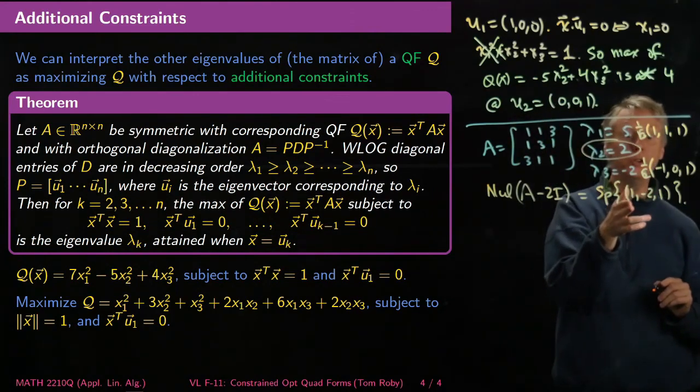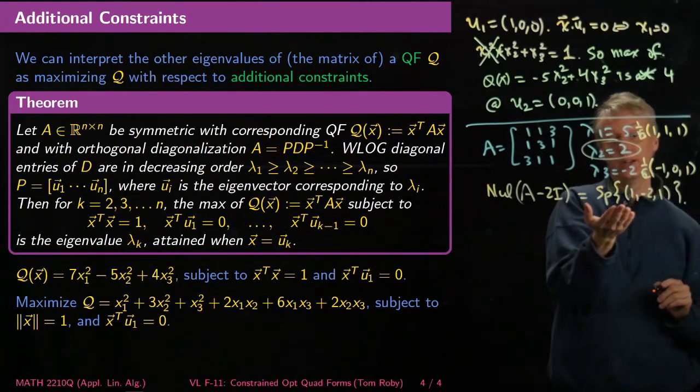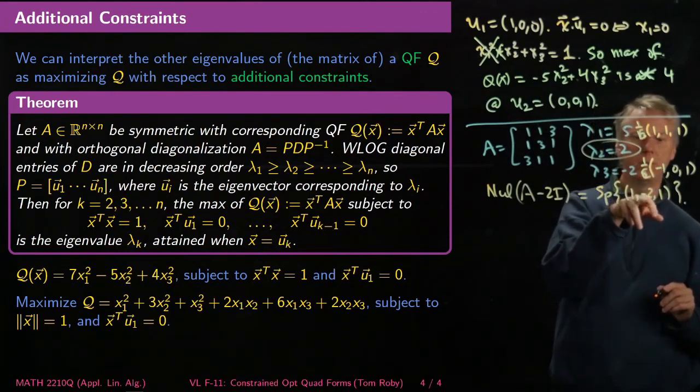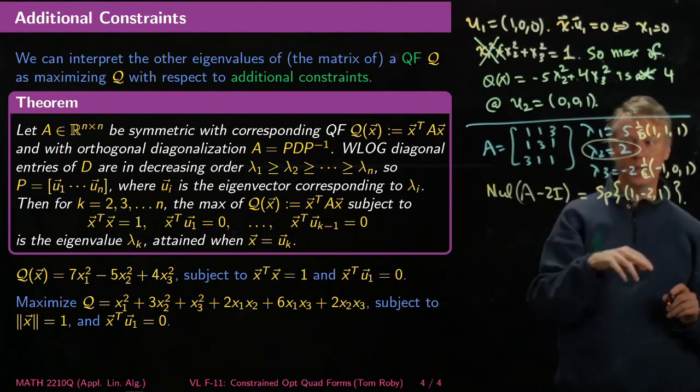And now you need to find the unit vector corresponding to this. So what's the unit vector? Well, the norm of this vector is 1 plus 4 plus 1 is 6.